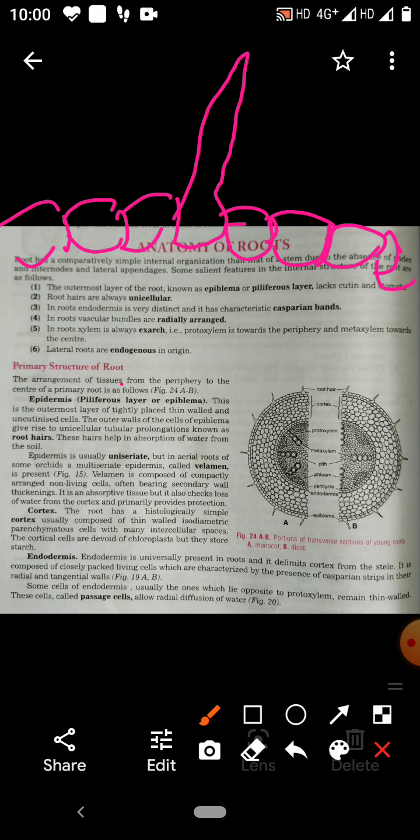After that, the cortex is present. This cortex is made up of thin-walled isodiametric parenchymatous cells. That is called cortex.